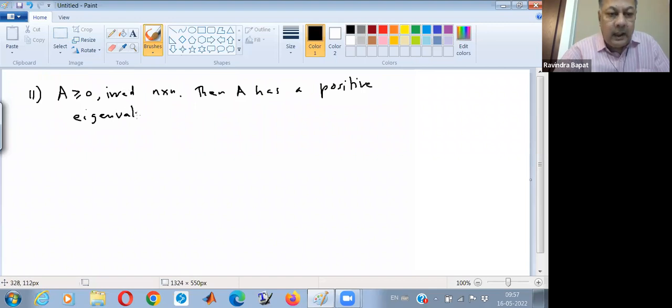I'm going to call it R because it is also the spectral radius, so there's no harm in calling it R, with a positive eigenvector.